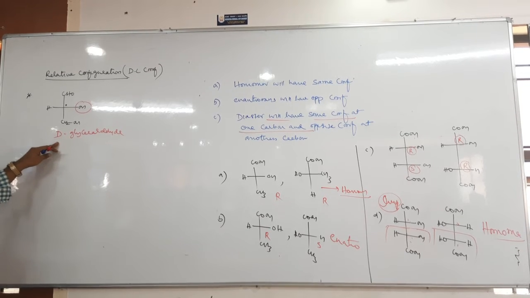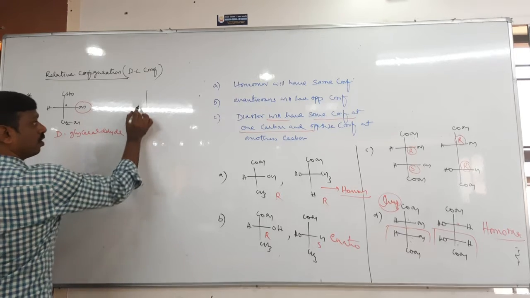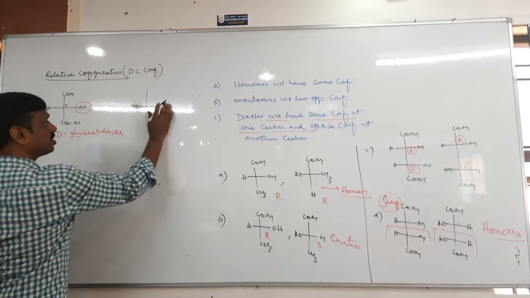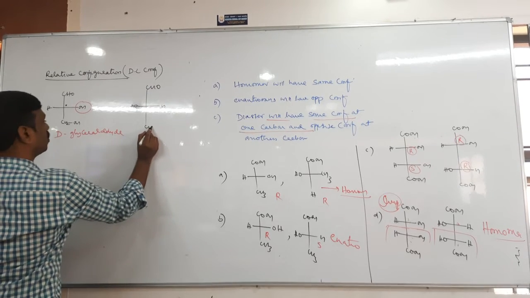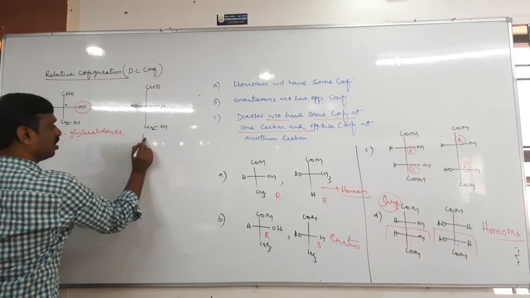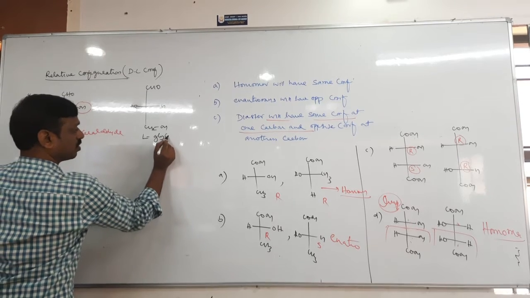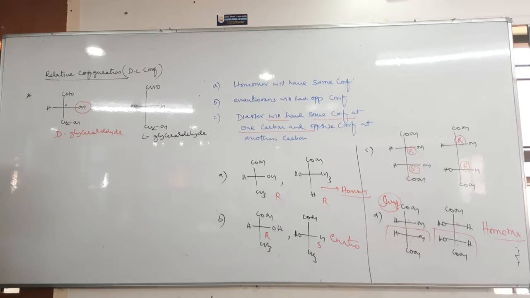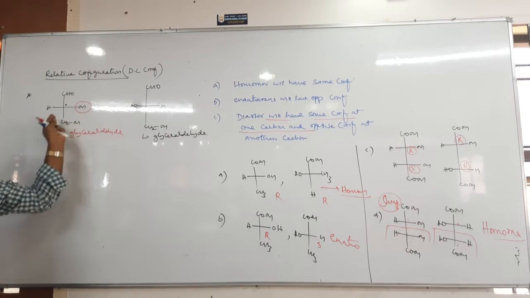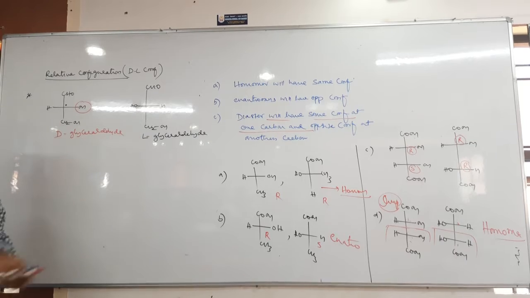Capital D configuration has no such meaning. If the OH is on the left side, this is called L-glyceraldehyde. So to assign DL nomenclature, glyceraldehyde is taken as the standard molecule. If OH is on the right side, that is D; H on the right and OH on the left side, that is L.